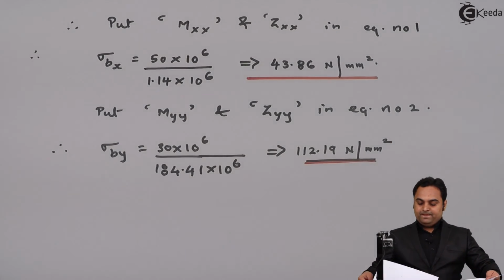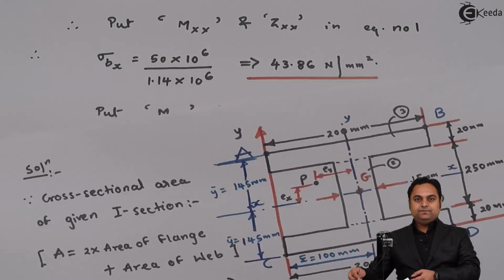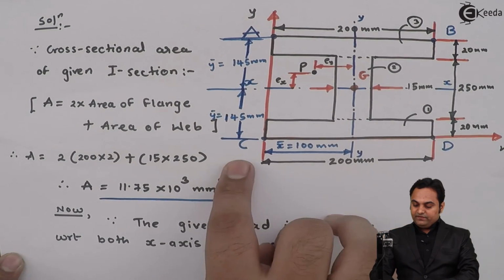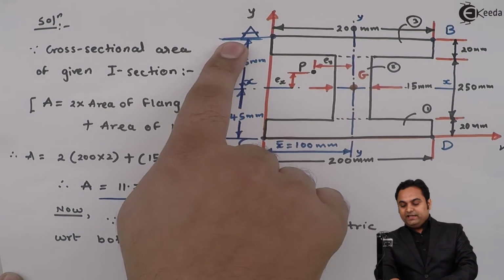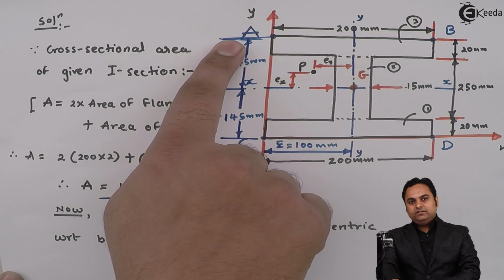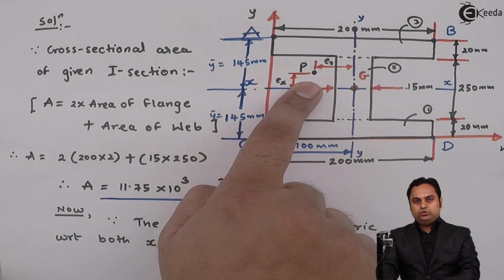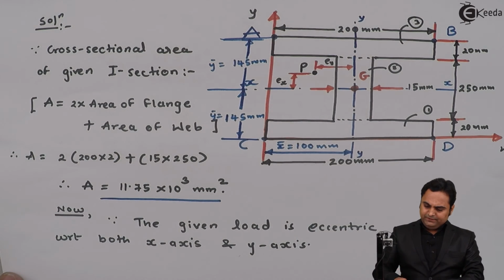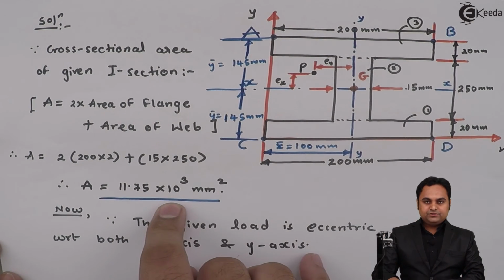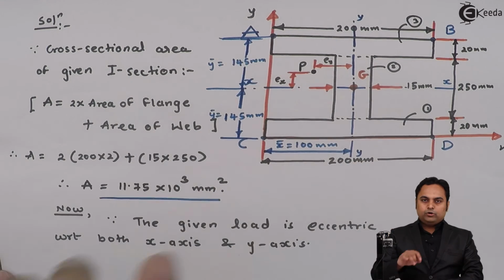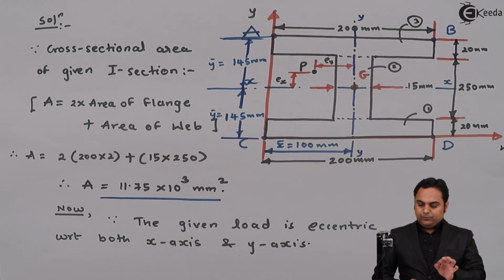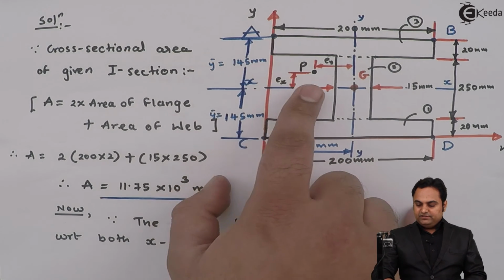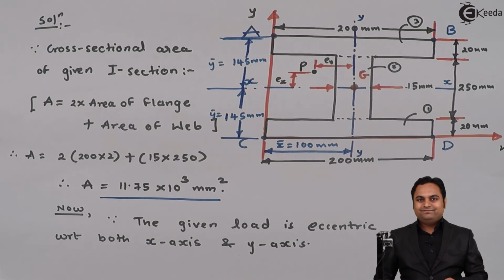Looking at this I section, out of the four corners A, B, C and D, corner A is closest to the load. So corner A is the point where there will be maximum stress, for the simple reason that the load is closer to point A.